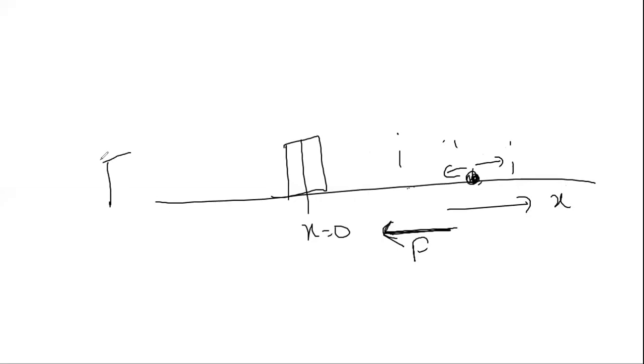Similarly, if your object is here, your force is always going to act in this direction. Again, it does not matter which way you are moving. Your force will always act towards the equilibrium. So in one case, your force will act in the direction opposite to the motion, and in another case, your force will act in the same direction as the direction of the object.